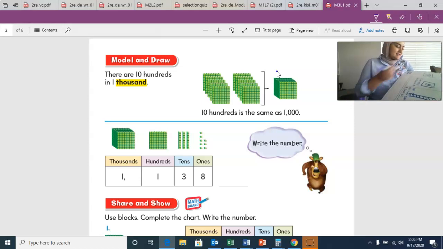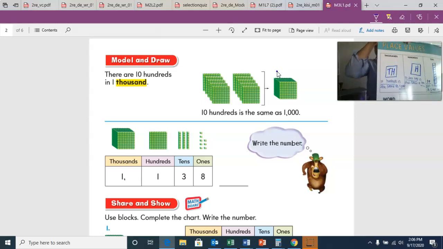Now for the thousands, 10 hundreds is the same as 1,000. Okay, 10 hundreds is the same as 1,000. 10 logs is the same as 100. 10 ones is the same as 1 ten. And a 1 is just a 1.